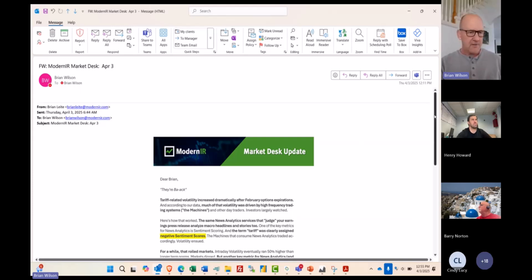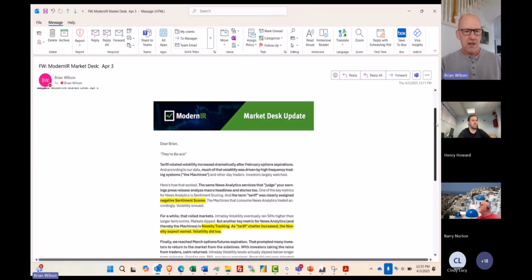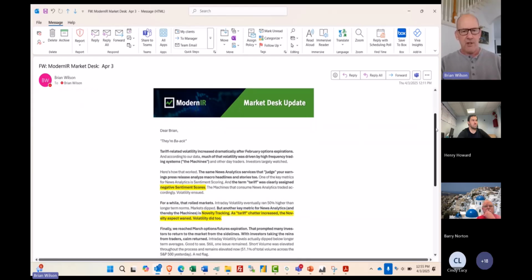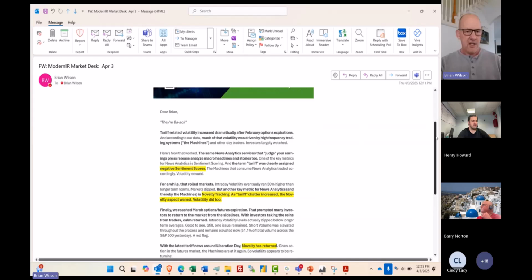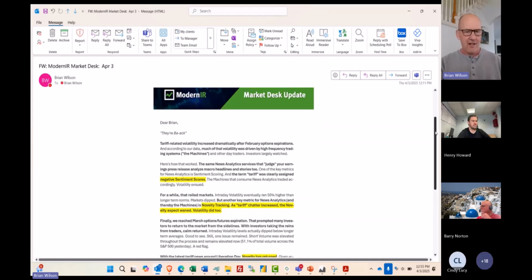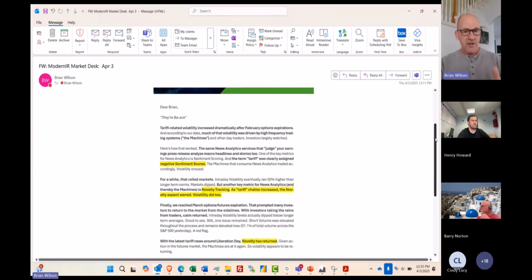We're working with C-suite executives, that type of clientele. This email came from our vice president of client services. And the reason that I'm sharing this with you is I think it gives a good take on volatility in the marketplace. And I've highlighted a couple of things here. So essentially what happens is news comes out and news itself will be assigned a sentiment score.